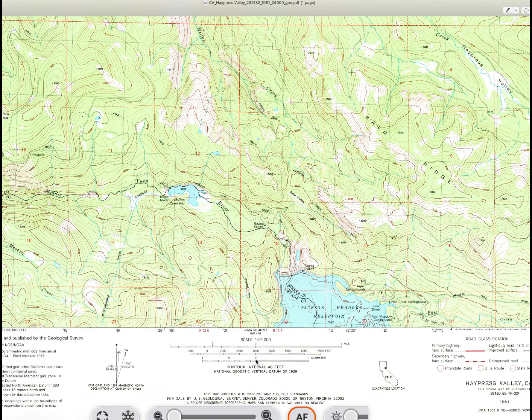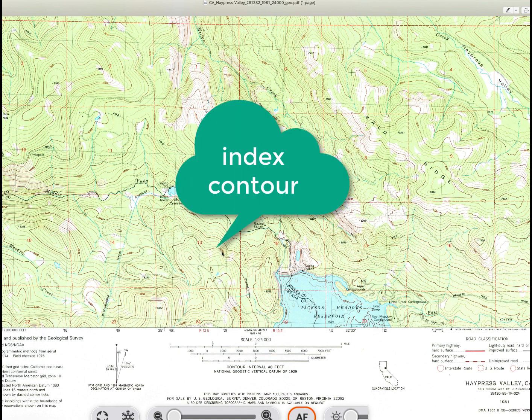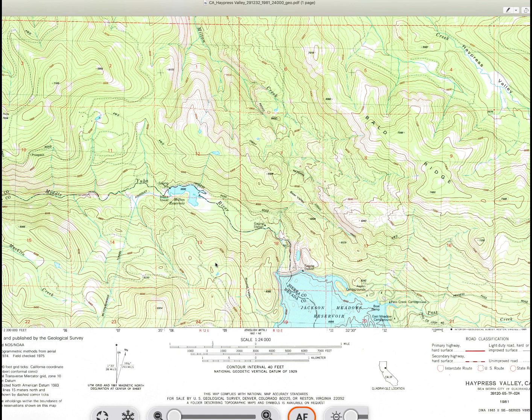One important element of topographic maps is they show elevations on a flat surface. So this is a flat map, but it shows elevations and it indicates elevations with these contour lines. And some contour lines are labeled, others are not labeled. For example, these dark, bold contour lines with labels are called the index contours. And then adjacent contours are just regular contours.